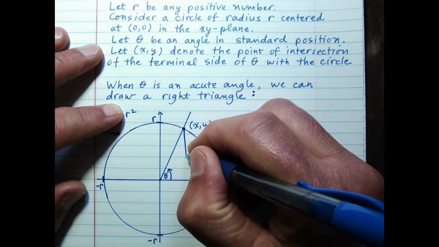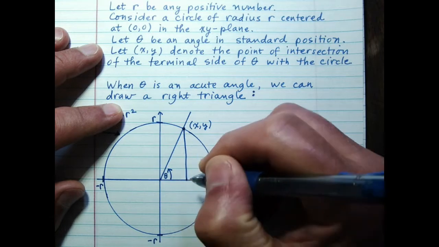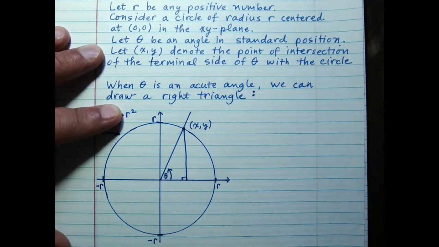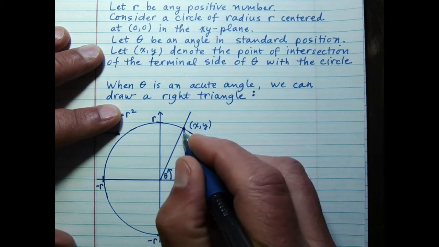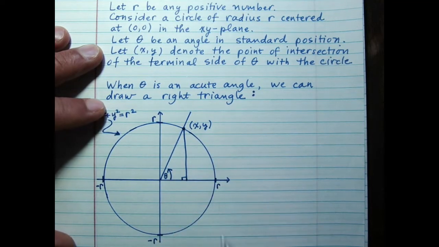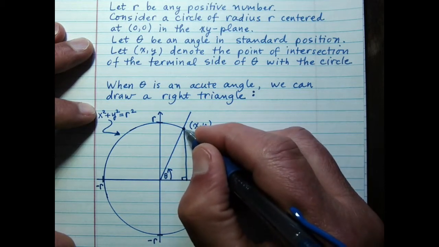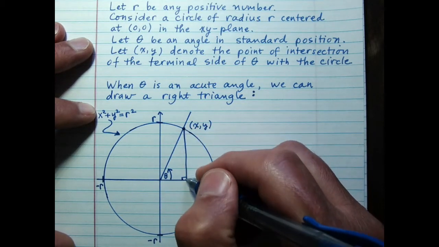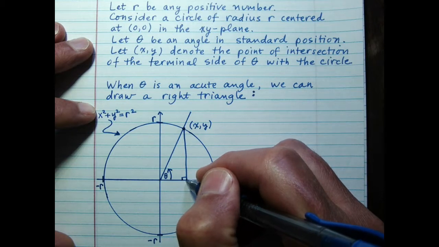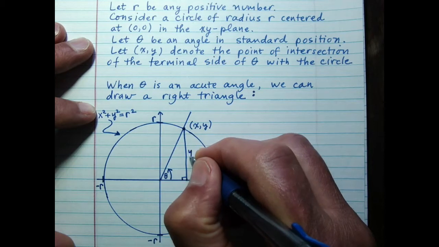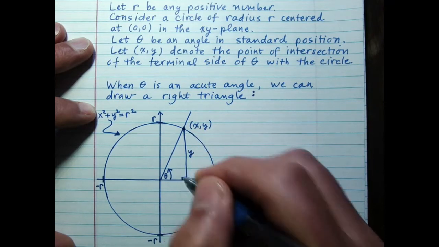So I can draw a line straight down from the point (x, y). So it's perpendicular with the x-axis. And let's see if we can describe the sides of this right triangle. This length from the point straight down to the x-axis is equal to the y-coordinate of the point. So y gives the length of that side.